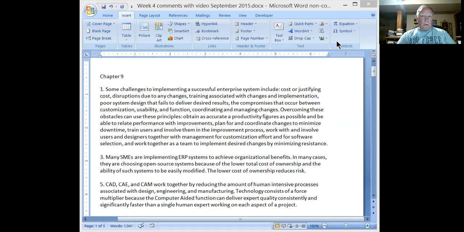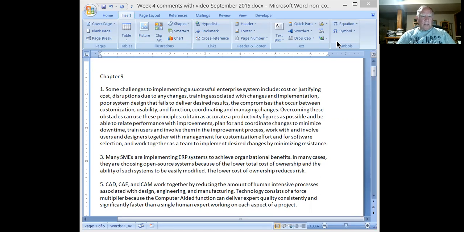But you have a problem. Open source means that you need to have somebody trained well enough to support it, or you're now looking for support from the World Wide Web's network of whoever wants to help you. So that lower cost of ownership can reduce risk.